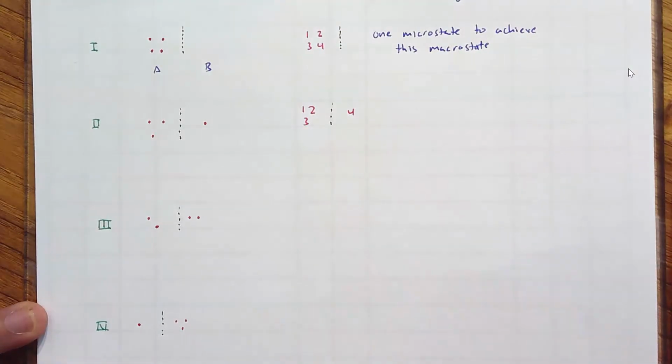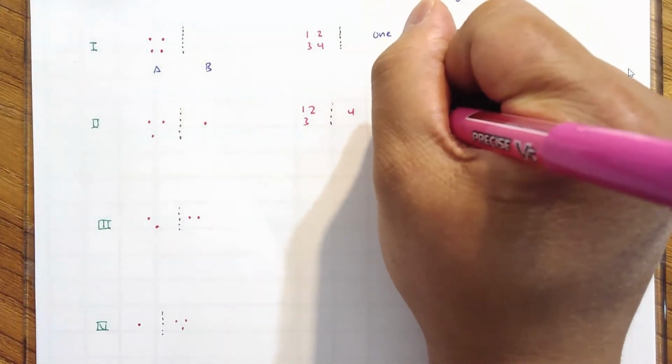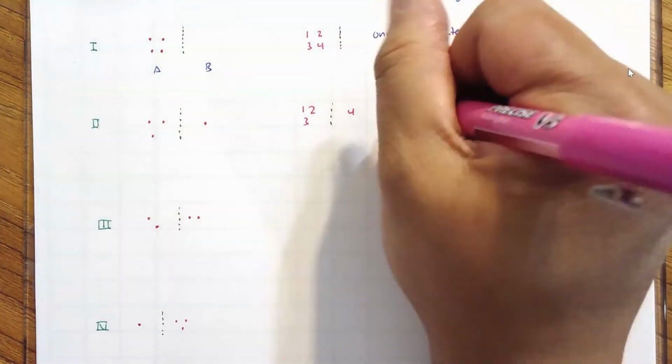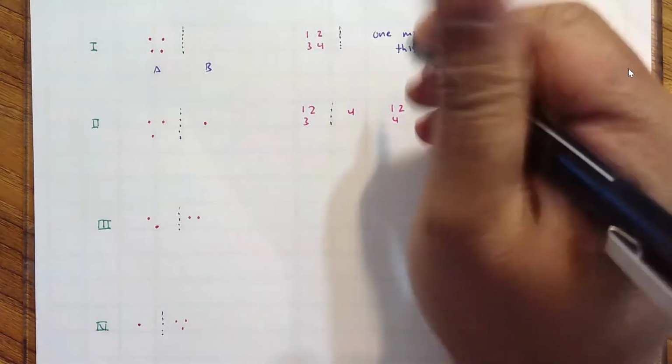Now we have to go through all the permutations. We could kick over 3: 1, 2, 4, and then on the other side, we have molecule 3, gas molecule 3.